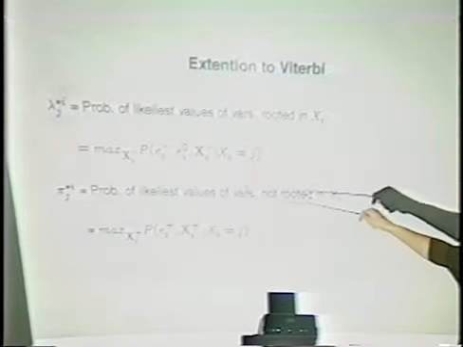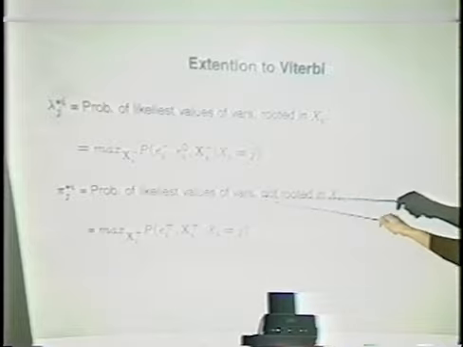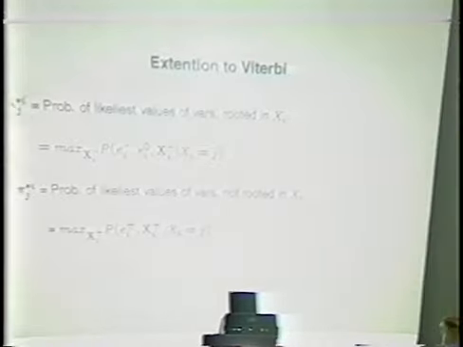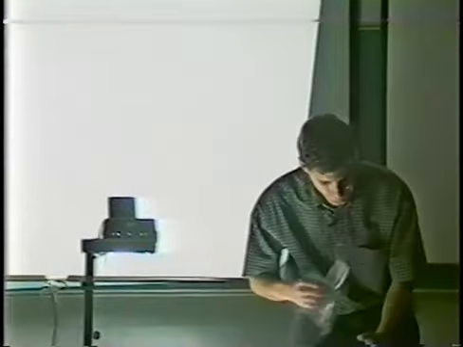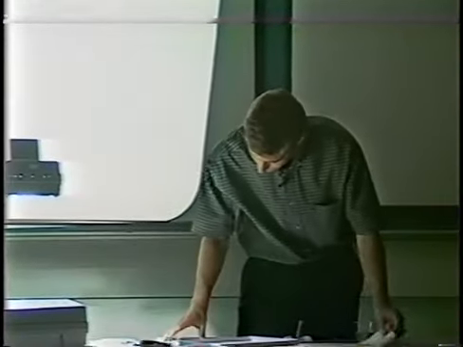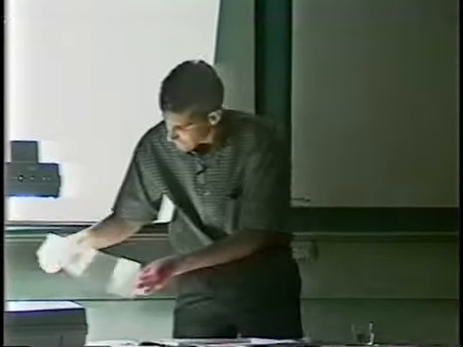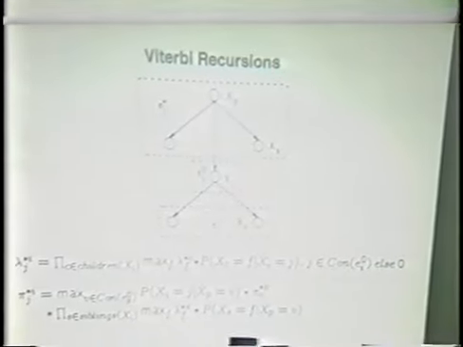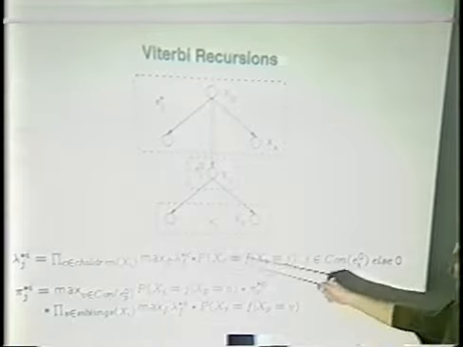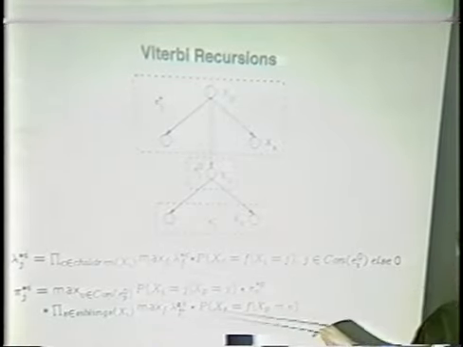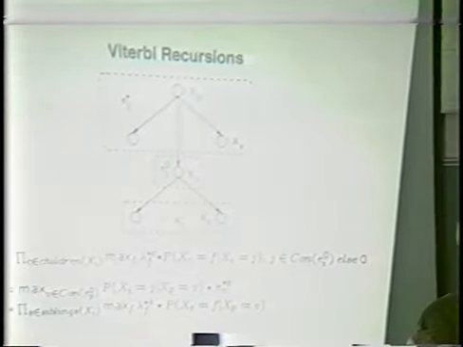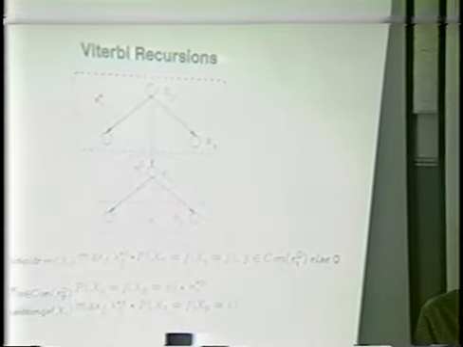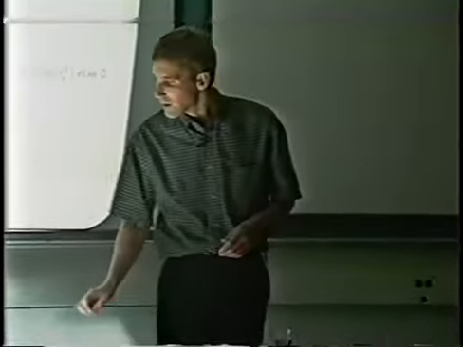And for the pi's, we want to find the probability of the likeliest set of variable assignments for all the other variables. And then in the recursions, you end up replacing sums with maxes, and you can set up the bookkeeping to do back traces, essentially, and keep track of what the likeliest variable values were.